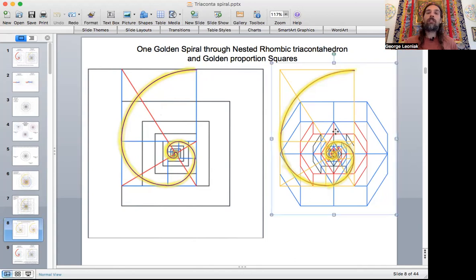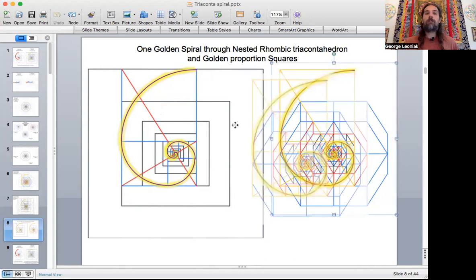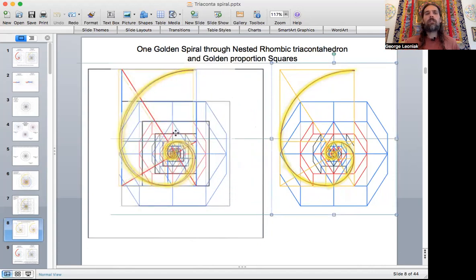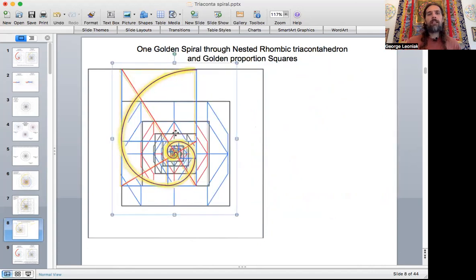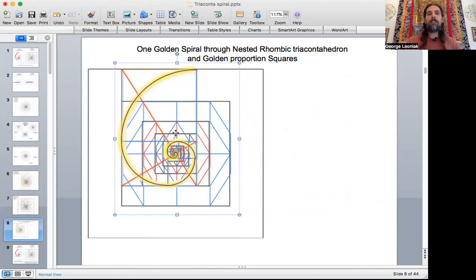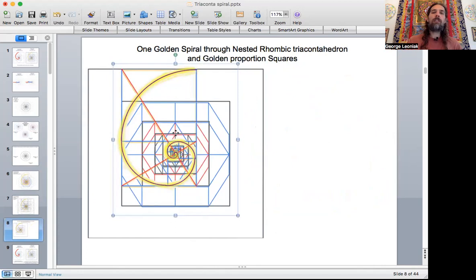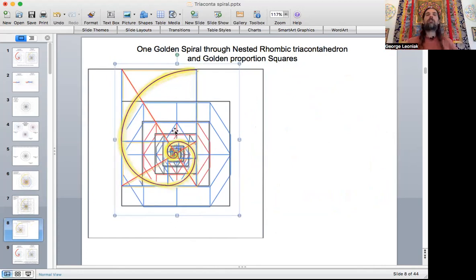And I'll show you that this nicely just fits over, because remember, this tricontahedron is basically inside, as I'm showing you here, as if it were in one cube, right? So we can look at each of these squares that are going into this spiral as actually cubes, of just one cube successively compressing, getting smaller and smaller and smaller, following that spiral.